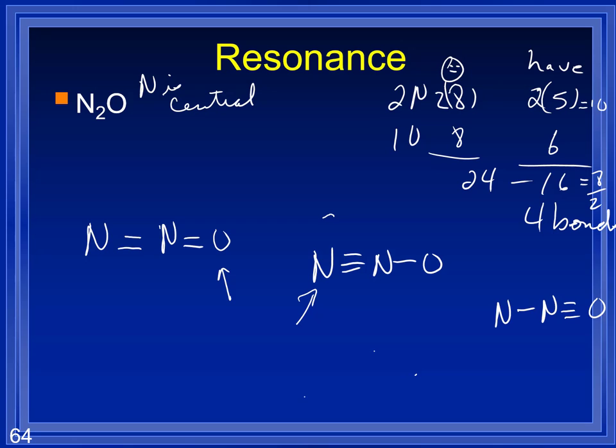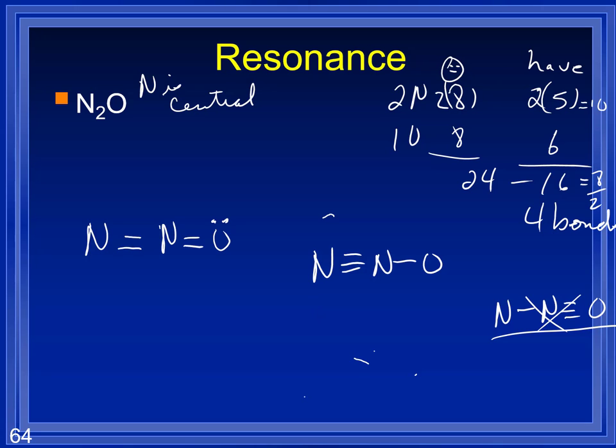On this last one, nothing has the right number of bonds. Okay? So we don't expect to see that one when there are ways to make it where you can make the right number of bonds. So this one doesn't show up because it doesn't make the right number of bonds.